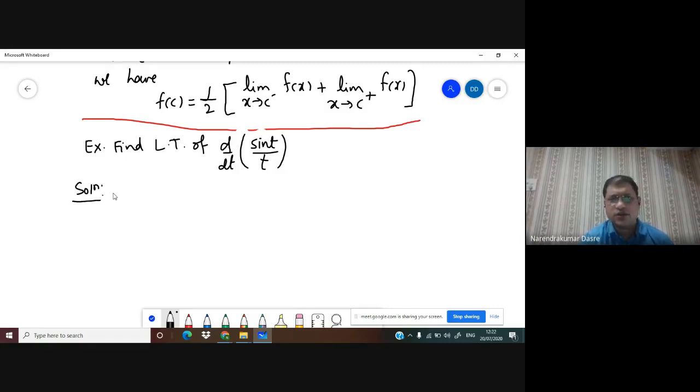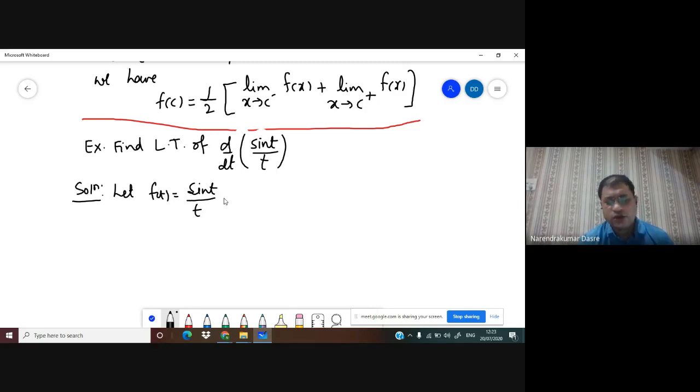So we go with the solution. Here, since this is going to be the derivative, I can consider this as f of t. So f of t is equal to sin t upon t.